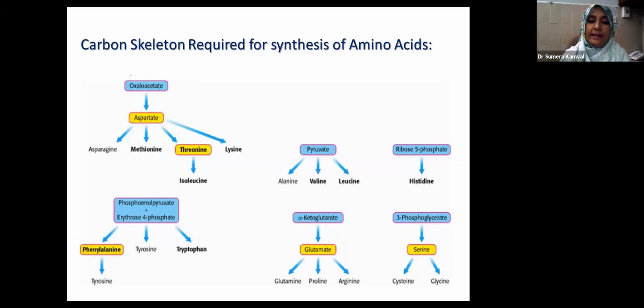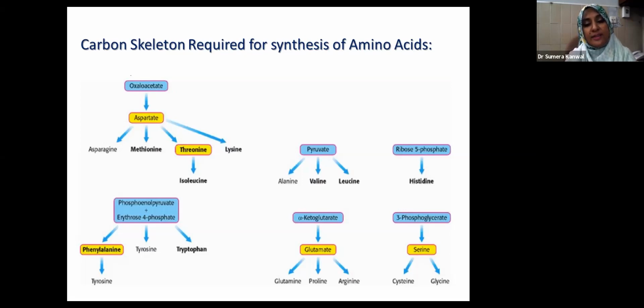Alpha ketoglutarate, a TCA cycle intermediate, can form glutamate, and this glutamate can synthesize glutamine, proline, and arginine. 3-phosphoglycerate, a derivative of 3-carbon sugar glyceraldehyde, can synthesize the amino acid serine, and from serine we obtain glycine and cysteine.